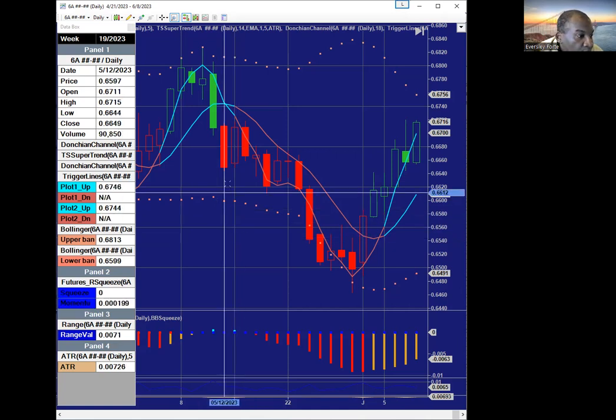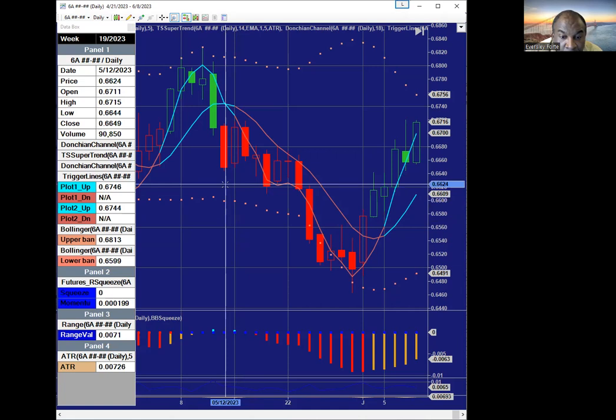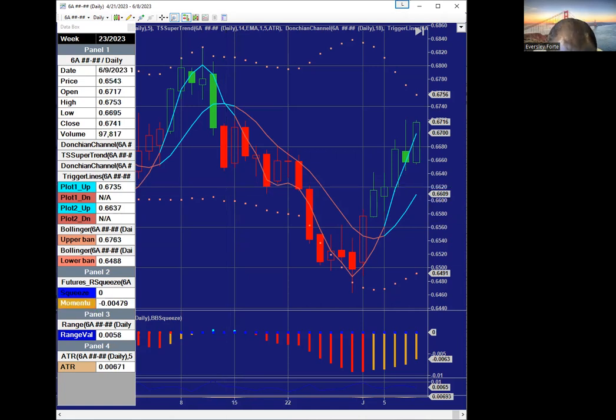Now, our first target is 35 ticks, or $35 times 11 contracts. Let's say you get out the entire position at the first target. You have 11 contracts, all making you $35.